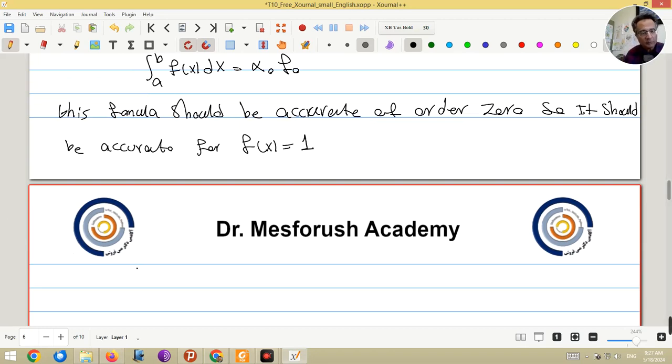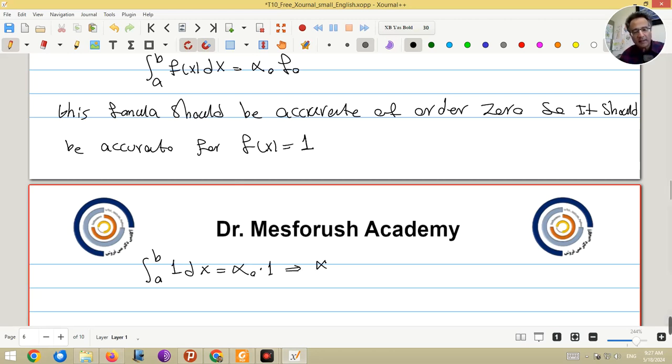Right? So let me put it. The integral from a to b of 1 dx should be alpha 0, and we know that if f of x is equal to 1, then f0 also should be 1. So it should be times 1.